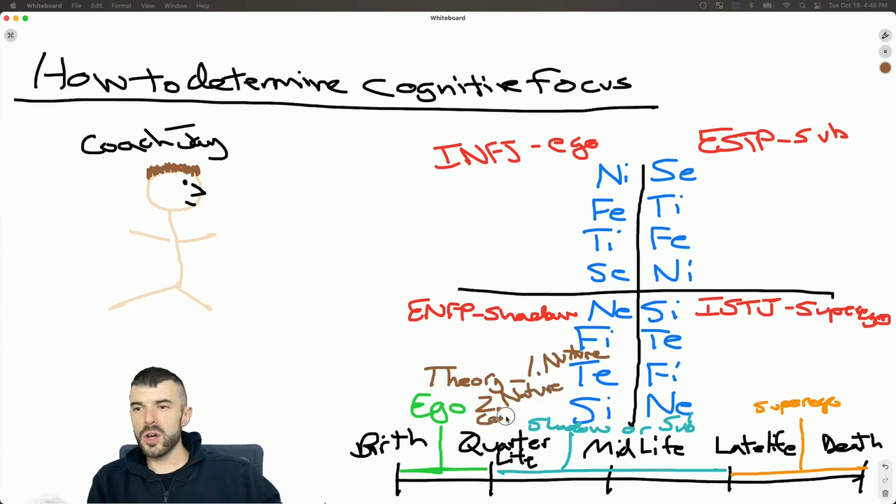If a person is concrete, basically, they're more likely to be subconscious focused between quarter and midlife, and if they're abstract, it's the opposite, and thus mid to late life they would be more shadow focused if they're concrete. If they are abstract, it's the opposite. I don't know if that's true. I don't know yet. This is all very theoretical.